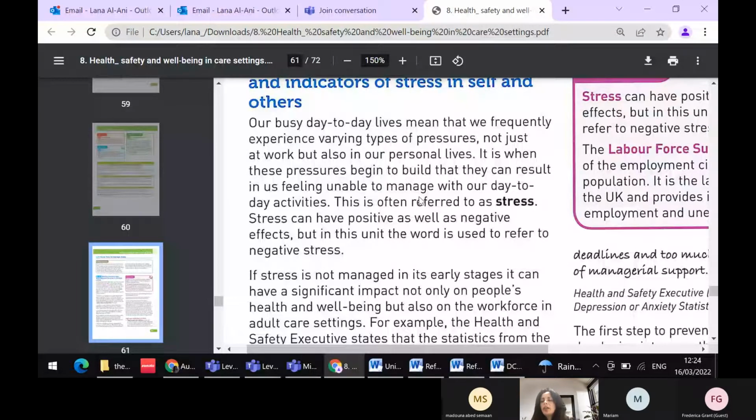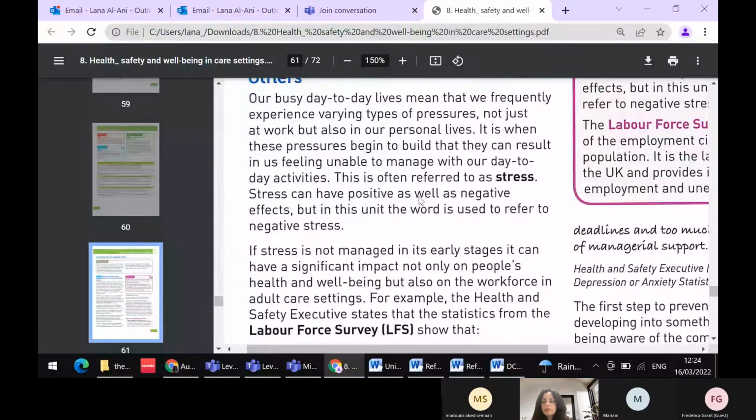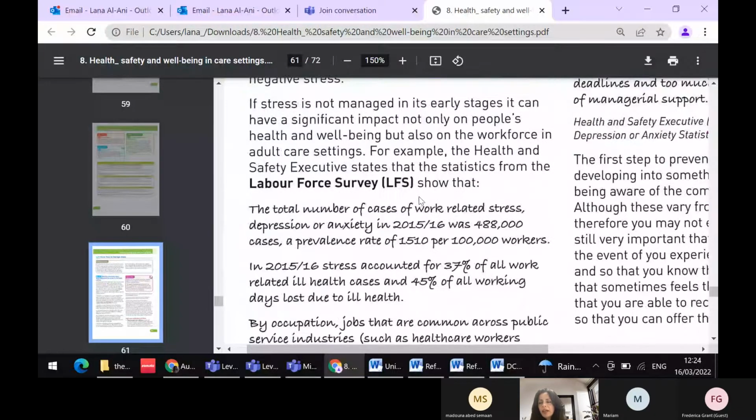And this pressure will start building up, and maybe people wouldn't be able to manage it, and this will turn into stress. So if the stress is not managed early, it can have significant impact not only on the person's health and well-being, but also on the workforce in the care setting. Why?